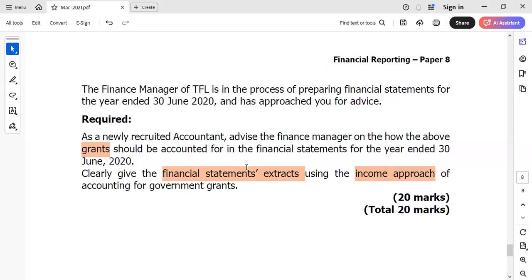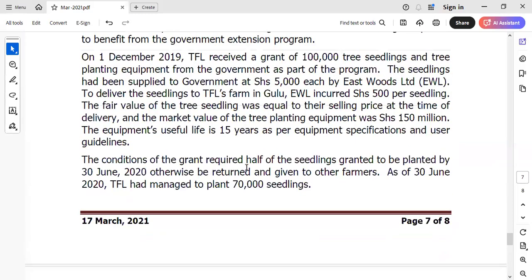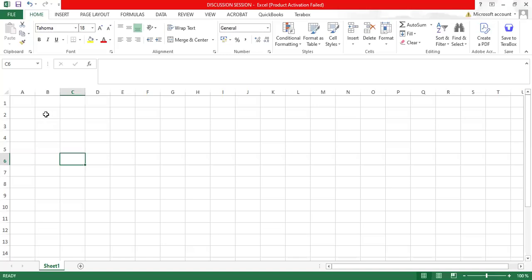So we are going to read it through, but before we even read it through, just to highlight about this standard, always know that when you're talking about government grants, you need to first know whether the grant is conditional or unconditional.